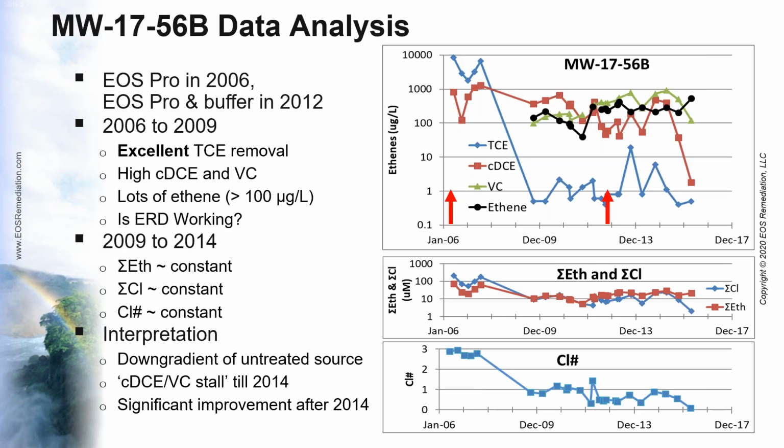Not that there's no ethene production and there are no bacteria, just that we did such a great job of degrading TCE, and the TCE degradation rate is greater than the DCE removal rate. So we see this accumulation, and it often hangs out here for a long time, or at least a lot longer than we're hoping.